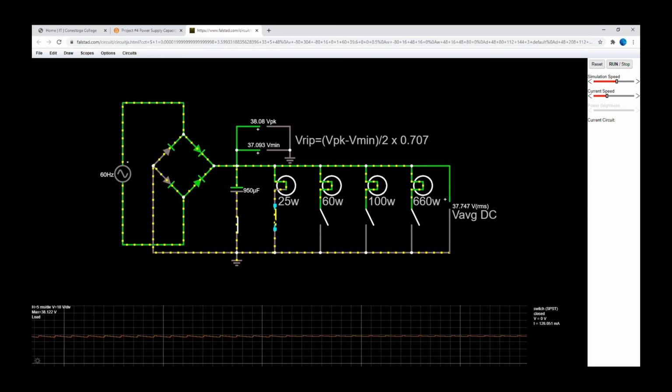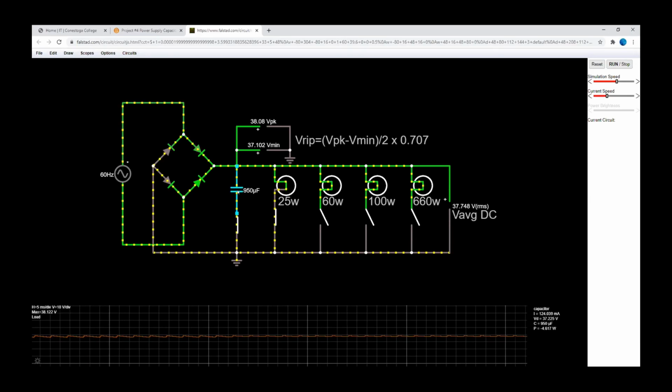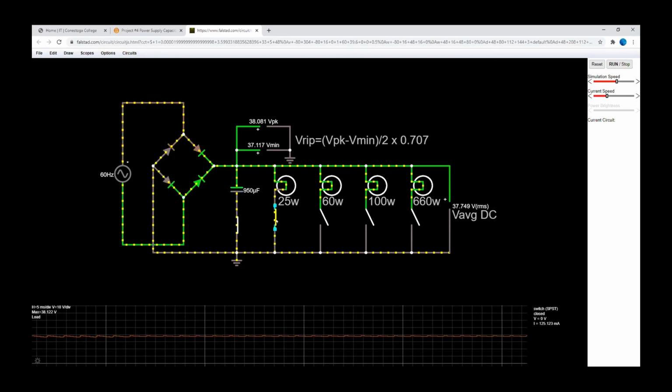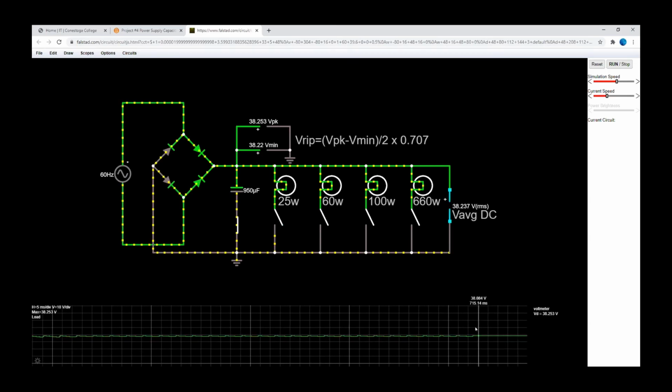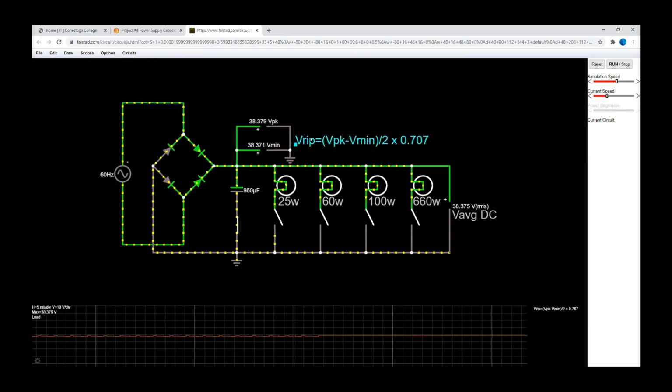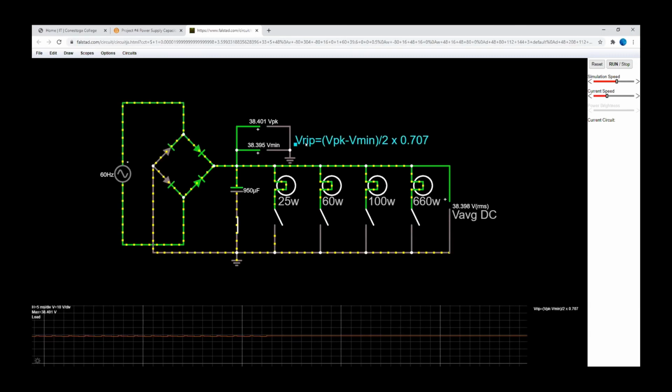The last thing that I want to mention about this is that when we have our capacitor in the circuit, how much do you think is going to be the amount of ripple voltage that we are going to have in the circuit?